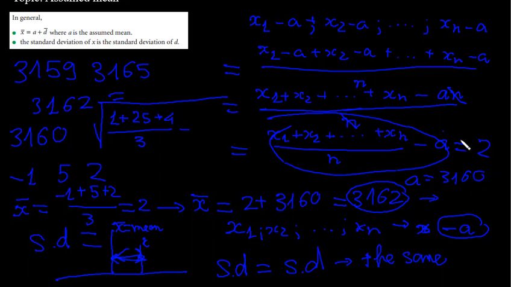Our mean is 2, squared. So we would have the square root of 10 minus 4, so it will be the square root of 6, which equals 0.45.